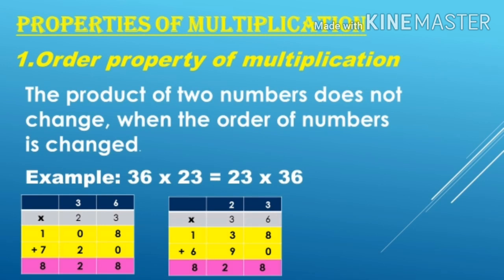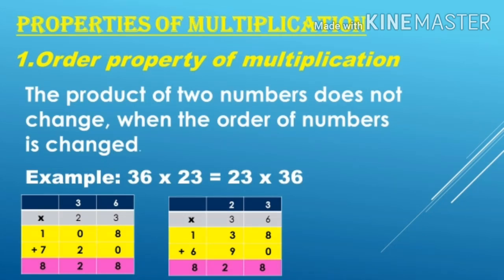Children, according to this property, when you change the order of the numbers, the product will be the same. It will not change. Suppose in the first example, you can see I have multiplied 36 and 23. Here 36 is the multiplicand and 23 is the multiplier.